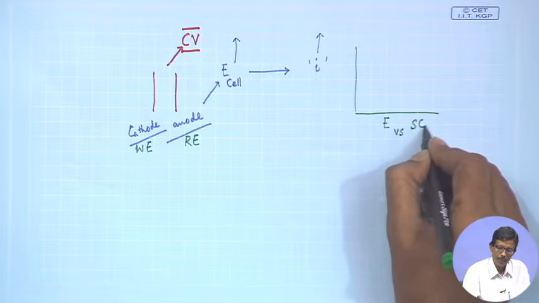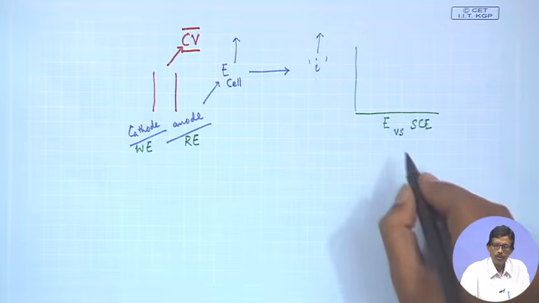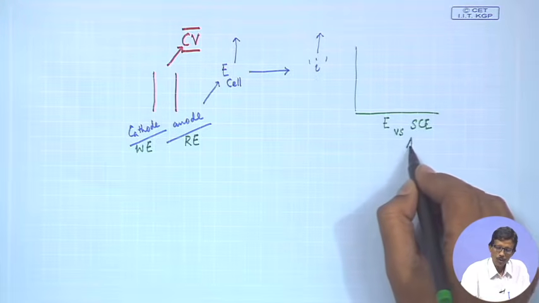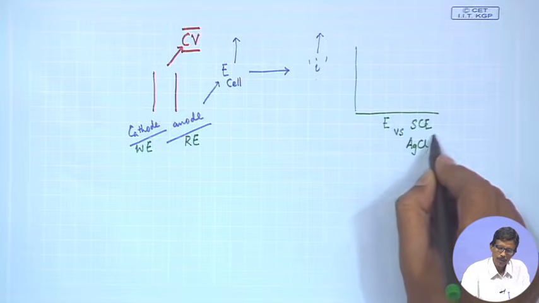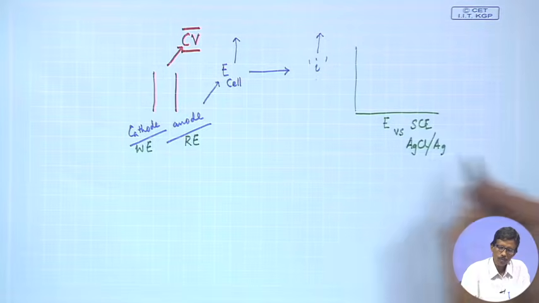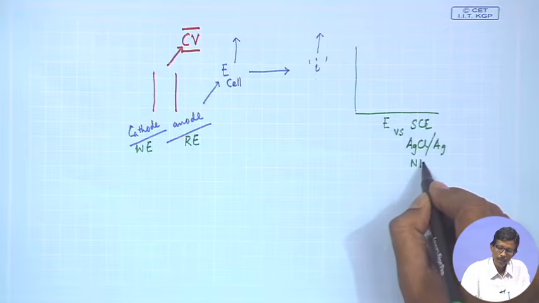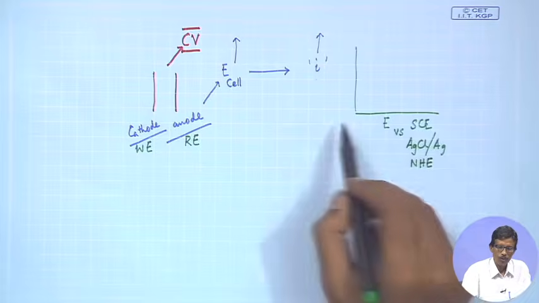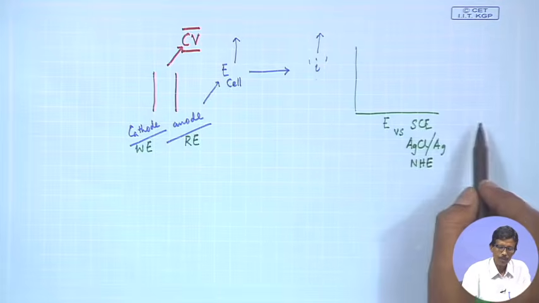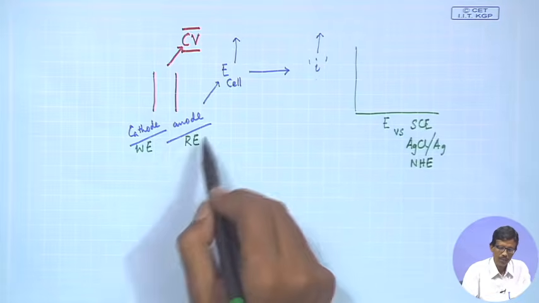It can be with respect to your saturated calomel electrode, or the silver chloride silver electrode, or you can directly consider the normal hydrogen electrode. So, you have to scan this potential with respect to this, that means these two are engaged.